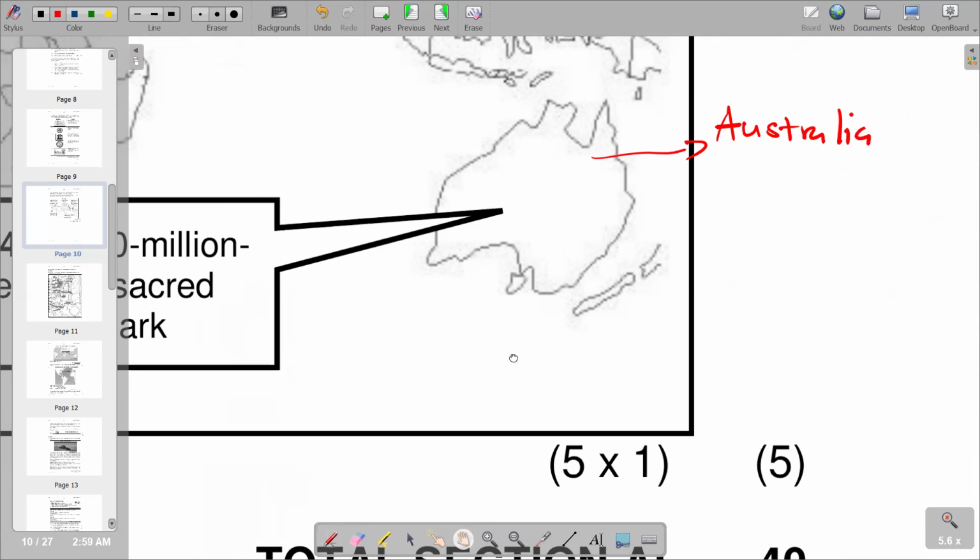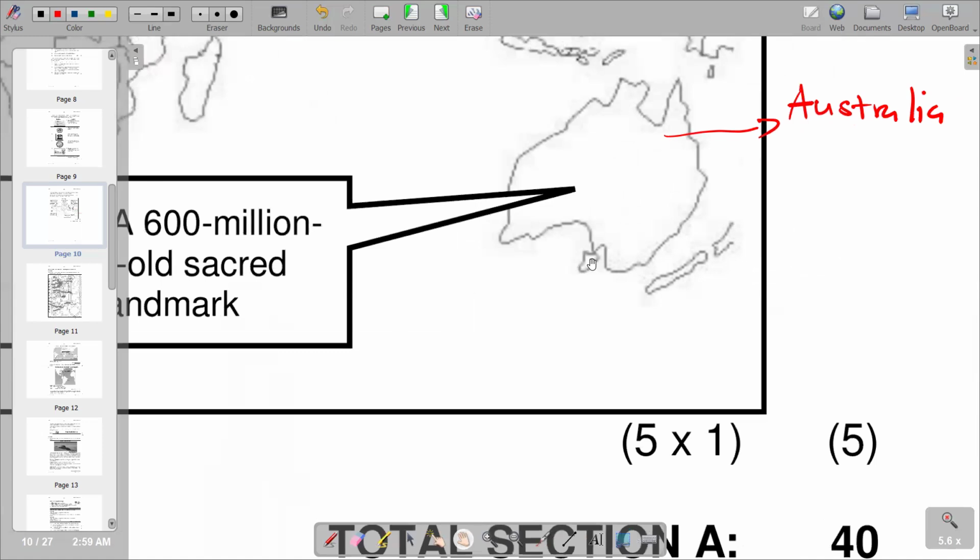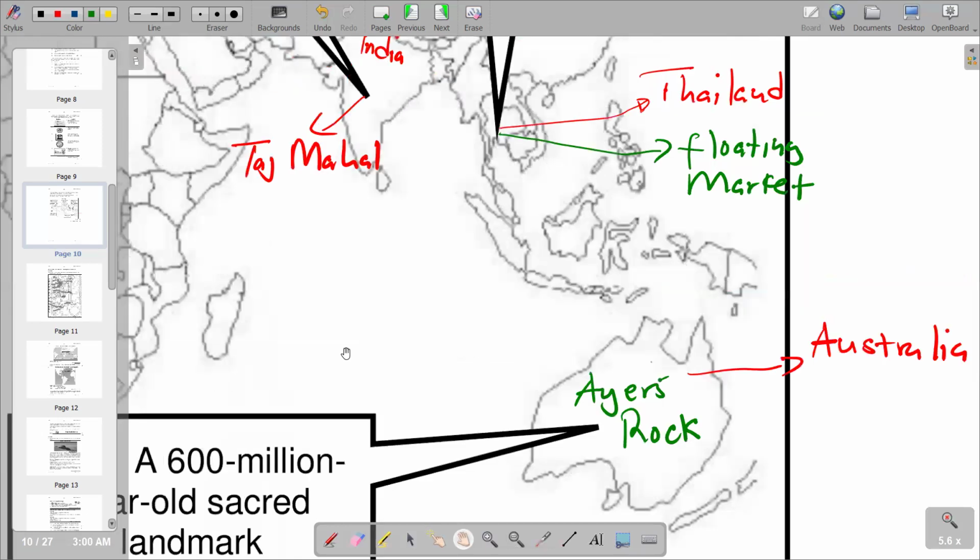Then we try to identify what we have in terms of a 600 million year old sacred landmark that we find in Australia. So you are going to see that this is going to be Ayers Rock. So we can just put the name Ayers Rock. So this is what we have on 1.5.4.